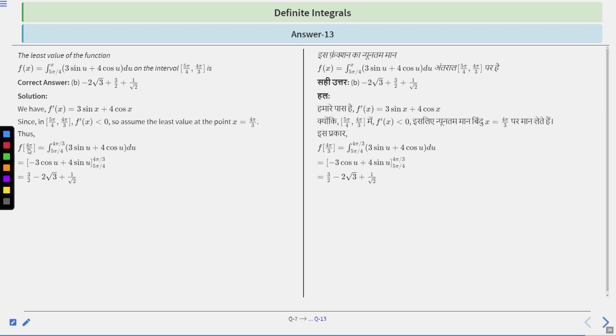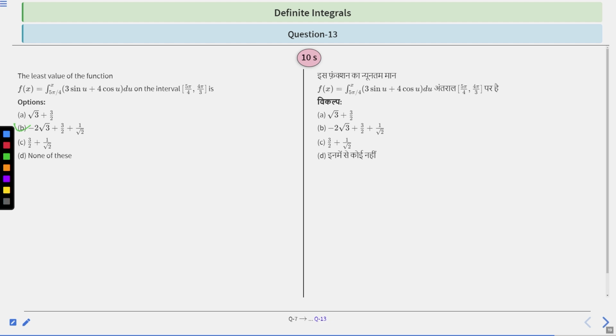Thus, f of 4 pi by 3 is equal to integration of 5 pi by 4 to 4 pi by 3 of 3 sin u plus 4 cos u du, which is equal to minus 3 cos u plus 4 sin u, 5 pi by 4 to 4 pi by 3. After putting the limits, you will get minus 2 root 3 plus 3 by 2 plus 1 by root 2. So option B is the right choice. Got it?